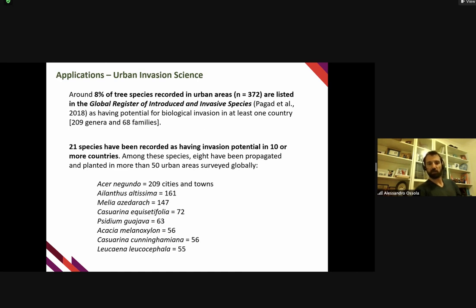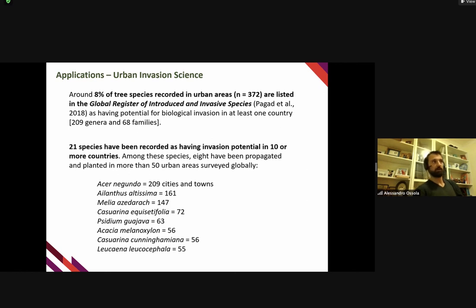And among these species, 8 are actually propagated and planted in more than 50 urban areas globally.